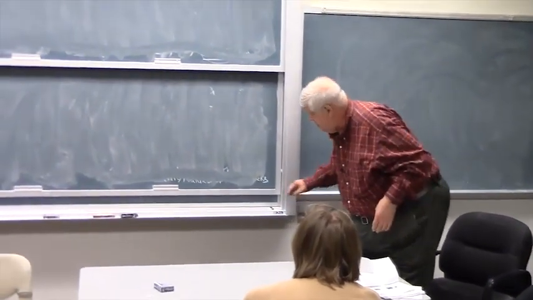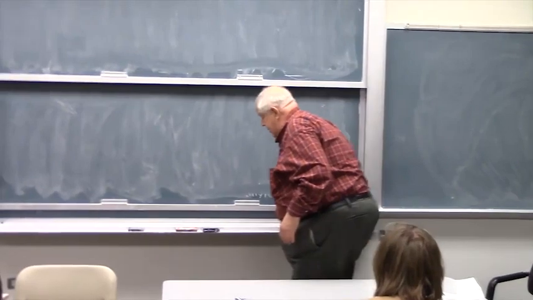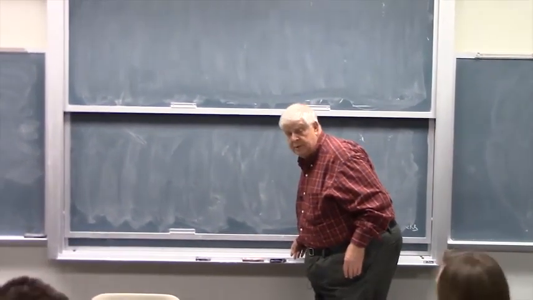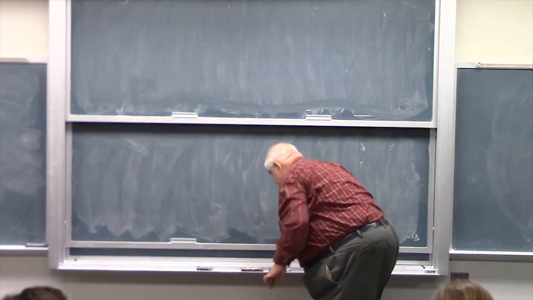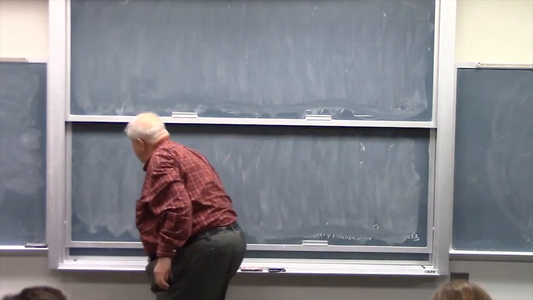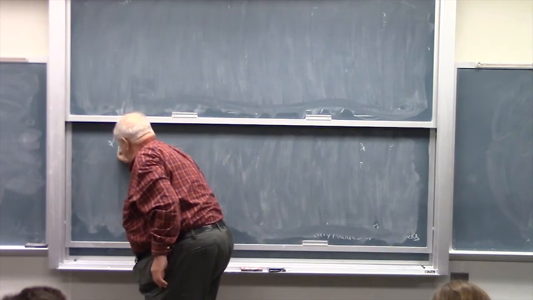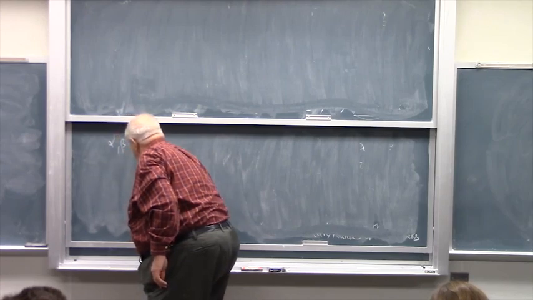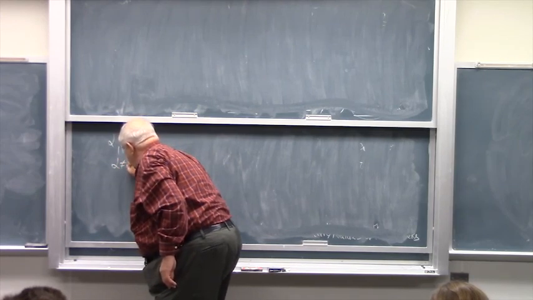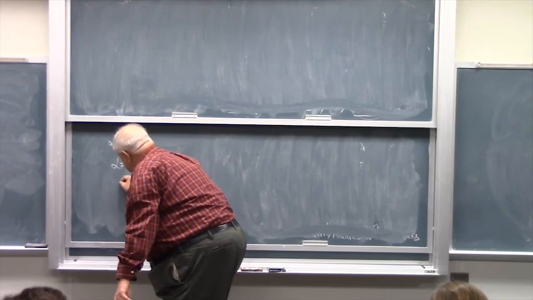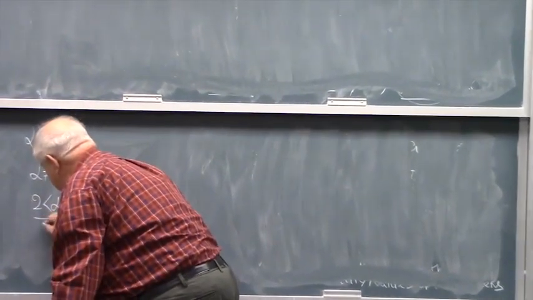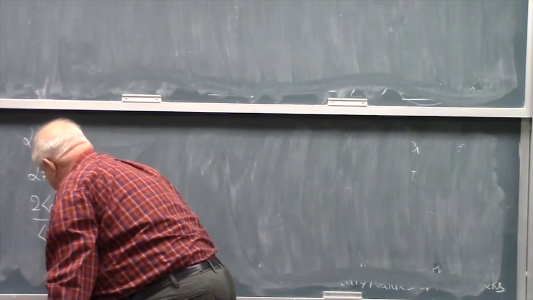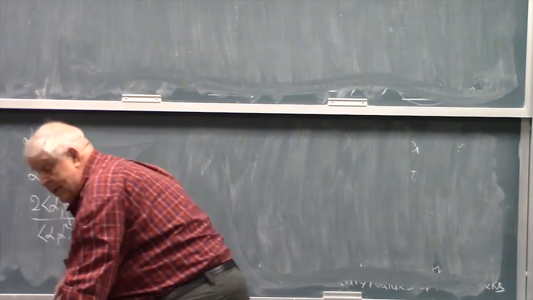If not, I can repeat it. For any two roots, alpha and beta, alpha should be not zero, beta is arbitrary. The number 2 (alpha, beta) divided by (alpha, alpha) is an integer.